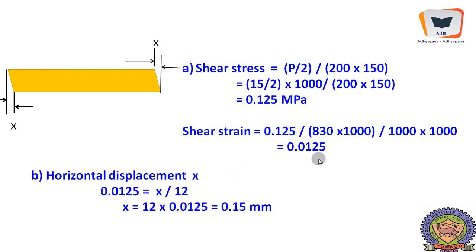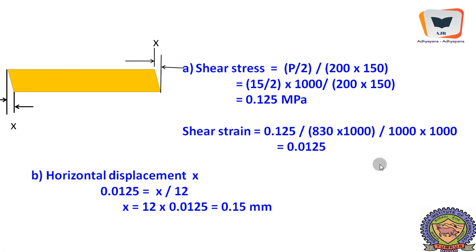We will make use of this shear strain in order to compute the horizontal displacement. The horizontal displacement x that happens over here can be calculated as shear strain, which is defined as the amount of dislocation over this particular thickness or height.